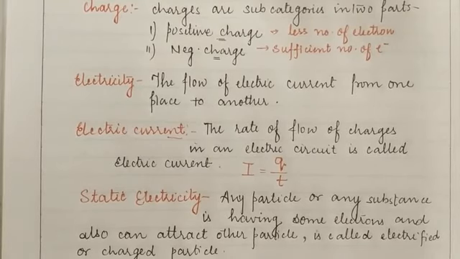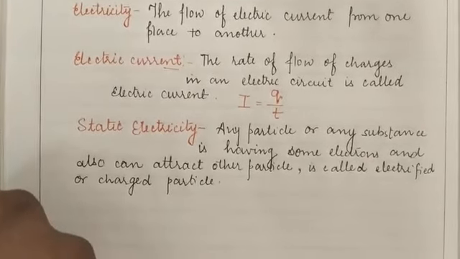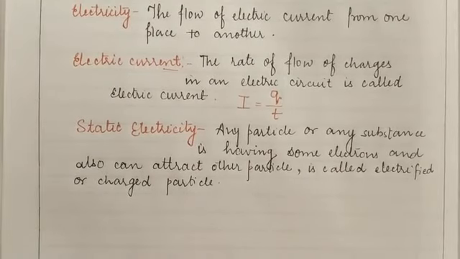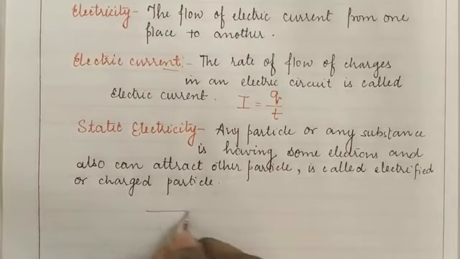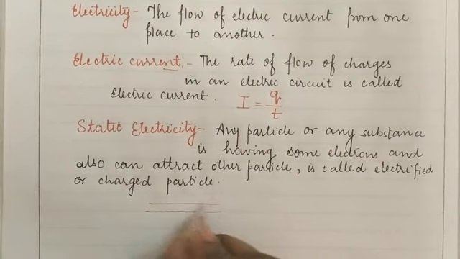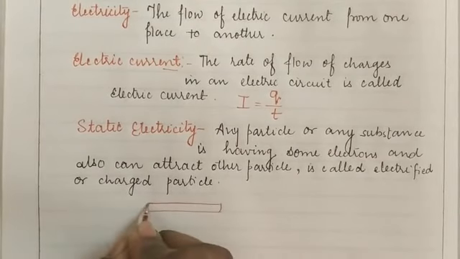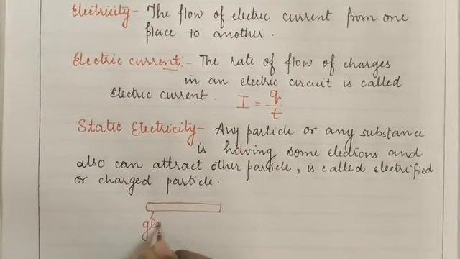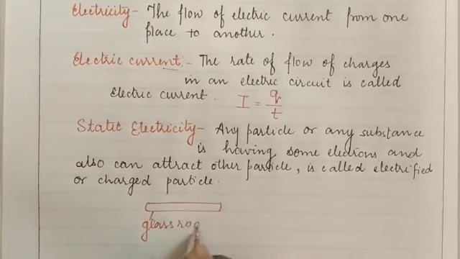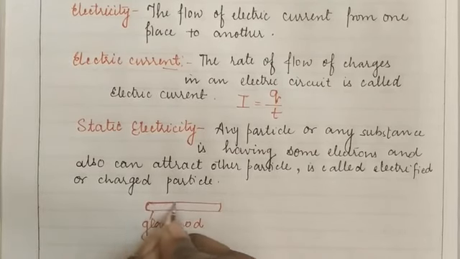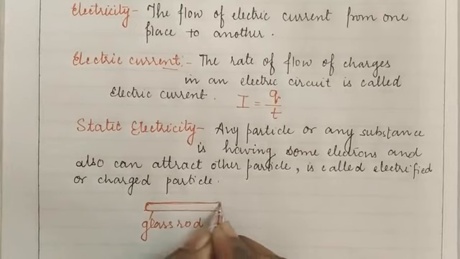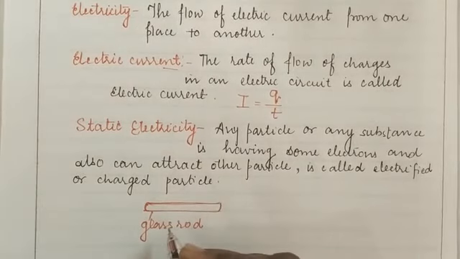let us suppose we have a glass rod. Let us consider a glass rod. This is a glass rod, and this glass rod is made of glass.